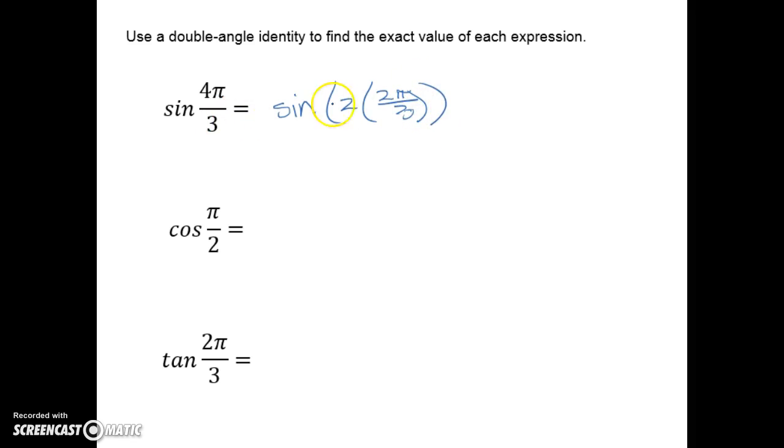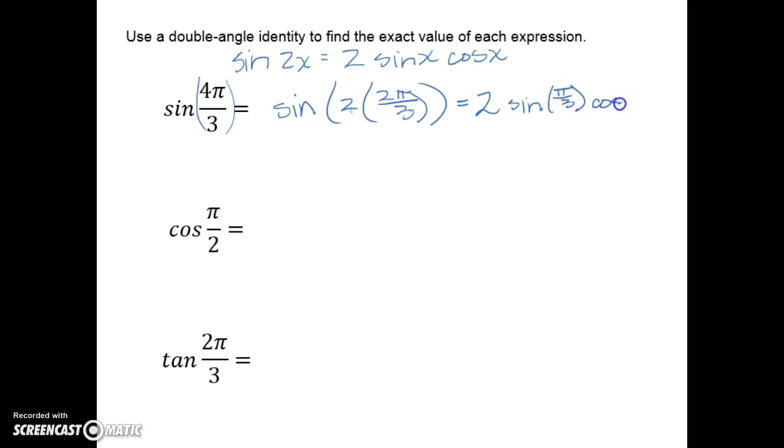So I need to basically factor a 2 out of my angle measure, which is what I've done here.